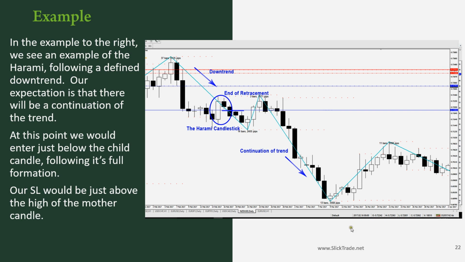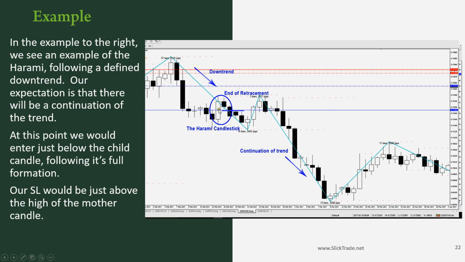Now, in the previous example, I said the mother or child. Most of the time, from what I have personally seen, the mother candle is higher in a defined downtrend and lower in a defined uptrend. So that's where your stop loss would be.